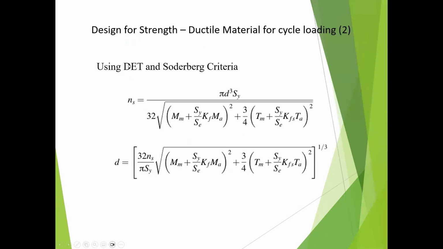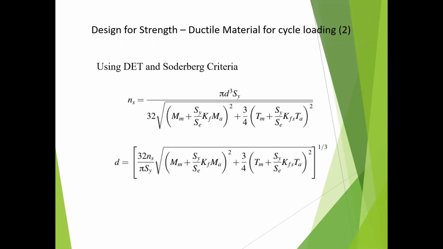Then if we want to use DT and Soderberg, we have another two corresponding equations. One more time, the first equation is applicable if we already know the diameter of my shaft and I want to determine how big the safety factor is, because the safety factor usually needs to be greater than 1.0.